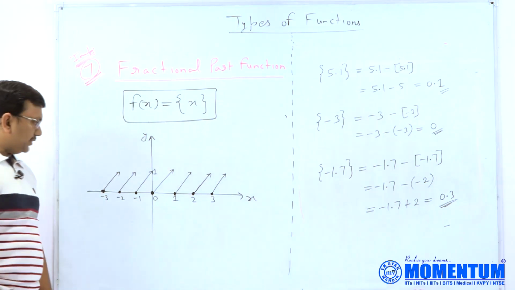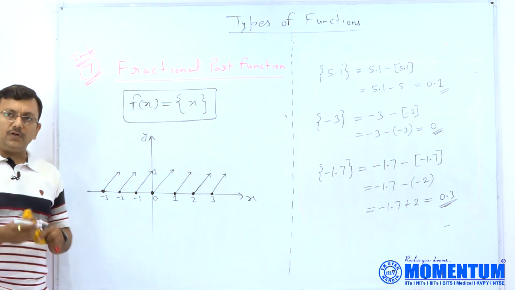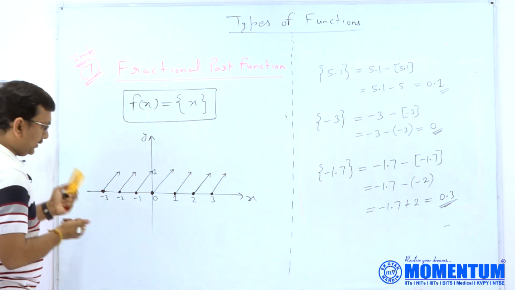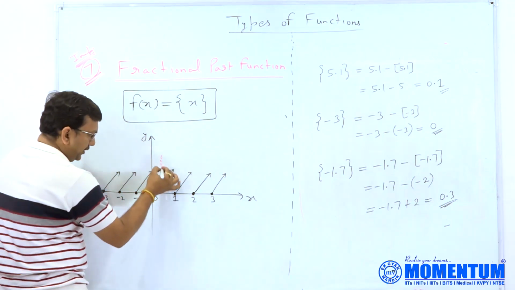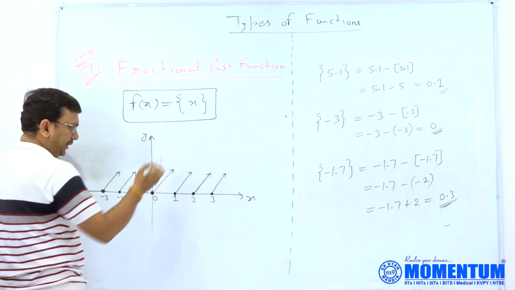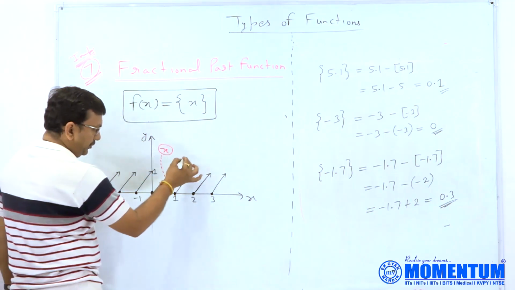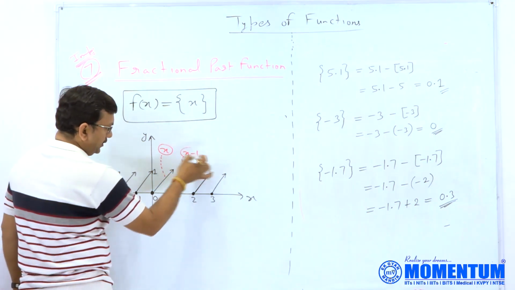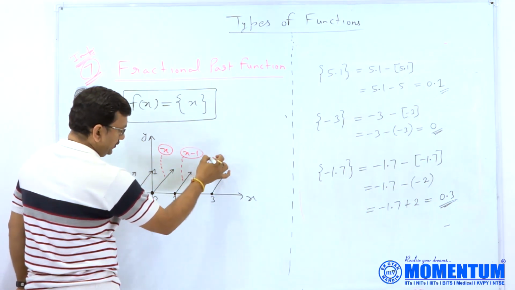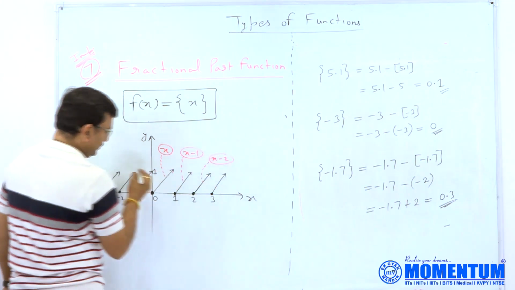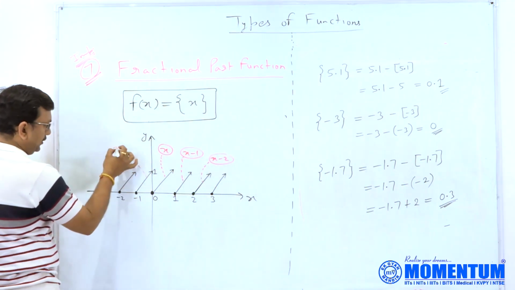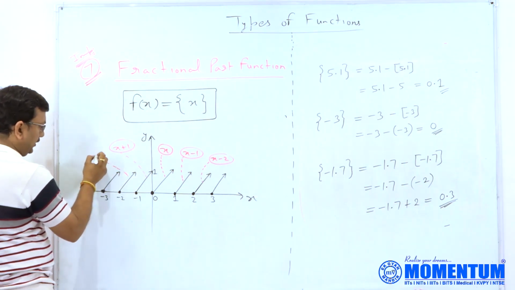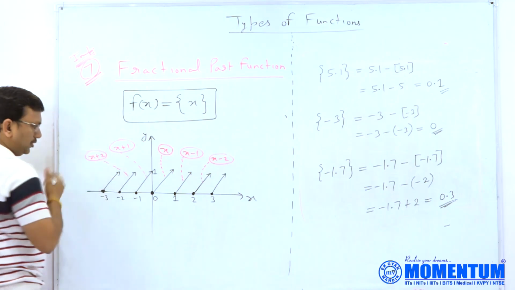So dear students, in this manner we get graph of fractional part function. Important thing, we are getting the graph in terms of inclined lines. You must remember equation of these lines, x minus 1, x minus 2, here x plus 1, x plus 2 and so on.